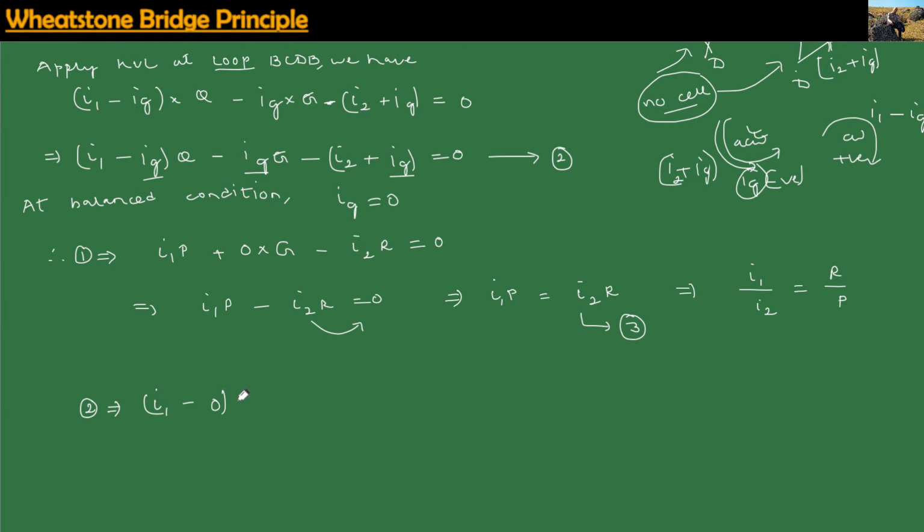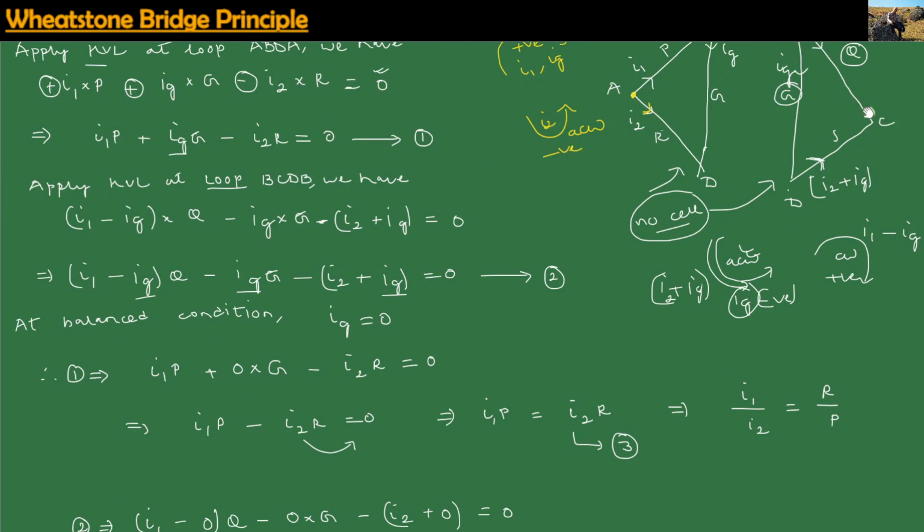I1 into Q, minus, in place of IG we put 0 into capital G, then minus I2 into, this will be resistance S. We forgot to write the resistor, this will be S, so that is right.